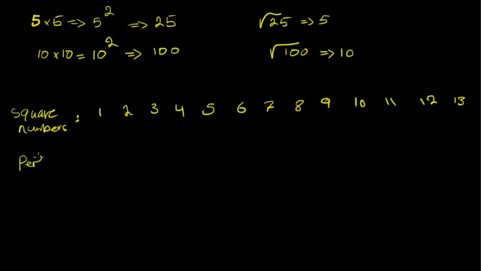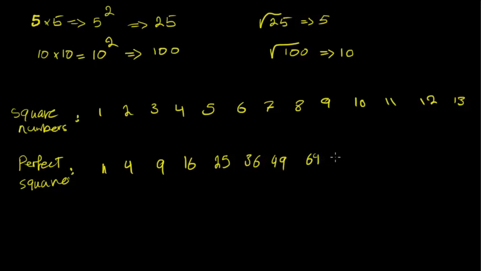And perfect squares are 1, 4, 9, 16, 25, 36, 49, 64, 81, 100, 121, 144, 196, and so on.